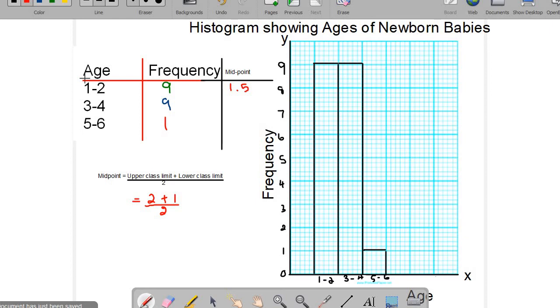Alright, next class or interval, that's going to be 3 to 4. So the upper class limit in this interval is 4, so it's going to be 4 plus the lower class limit for this interval, which is 3. I'm just using the formula to find the midpoint for this class.